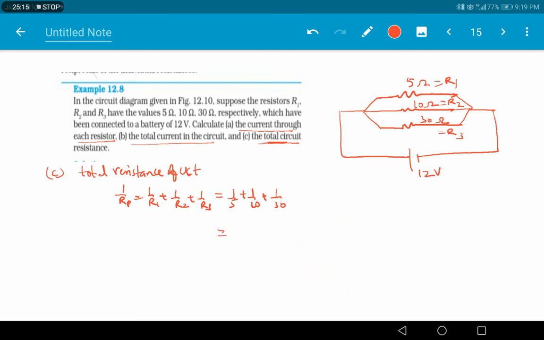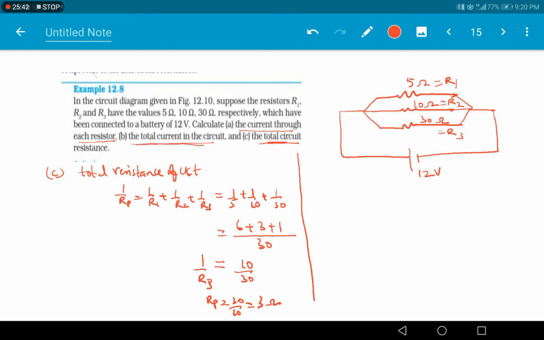Okay. So 6, 3, and this is 1. So 10 by 30. Therefore Rp is equal to 30 by 10. Therefore 3 ohm. Okay, right, next move to the next one.